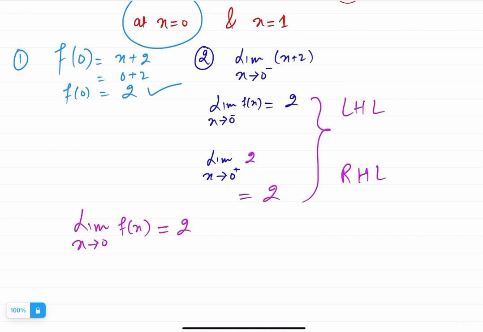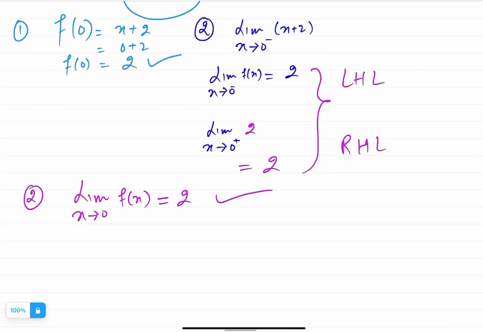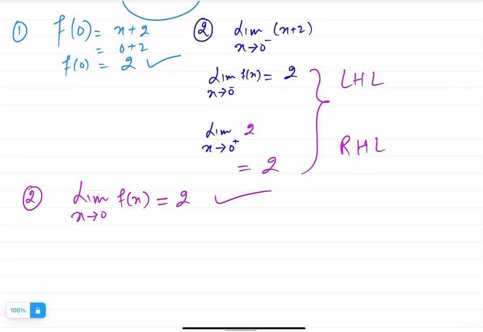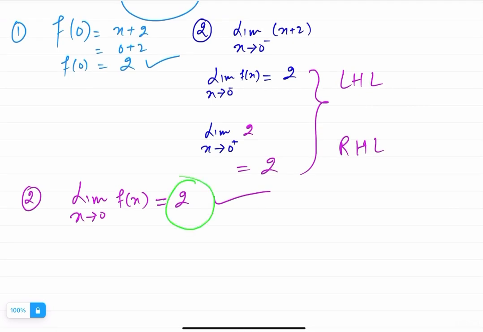Okay, that means the second condition is satisfied. The third one is, if the value that you got from the limit and the value that you got from the function are equal. Yes, here we can see that the limit value is 2 and the functional value is 2.